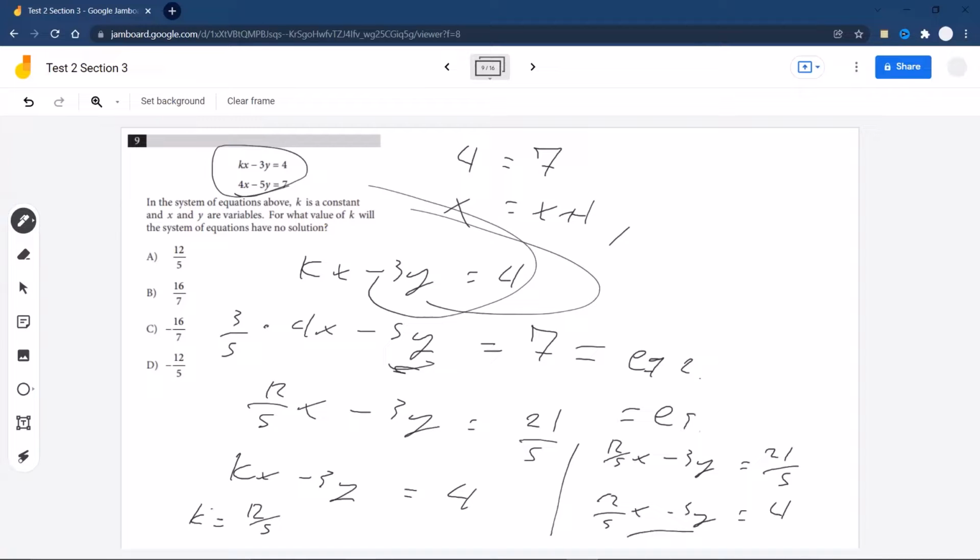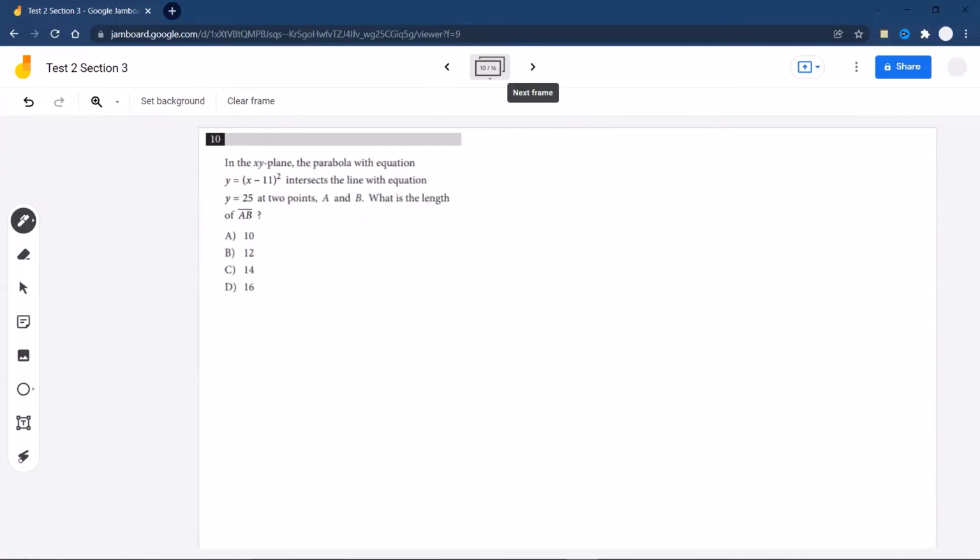Since these left sides are the same, both equations are essentially saying that 21 over 5 equals 4. Since that's not true, 12 over 5 is the k value that gives us no solutions, because it makes both these equations the same and therefore produces an untrue statement. So A would be the correct answer in this case.